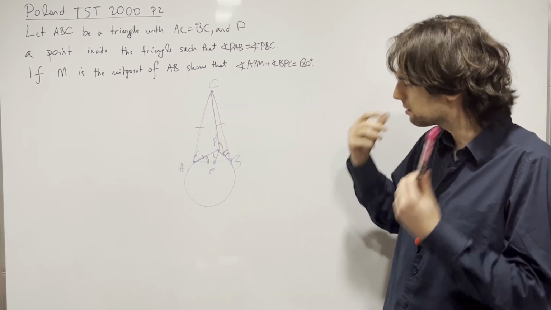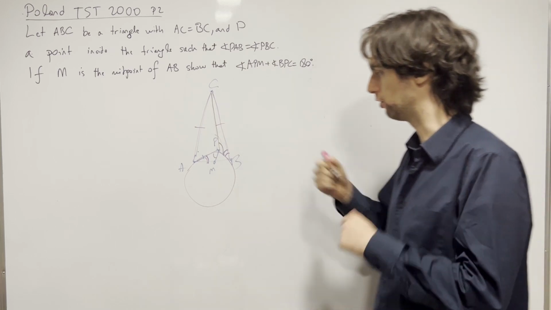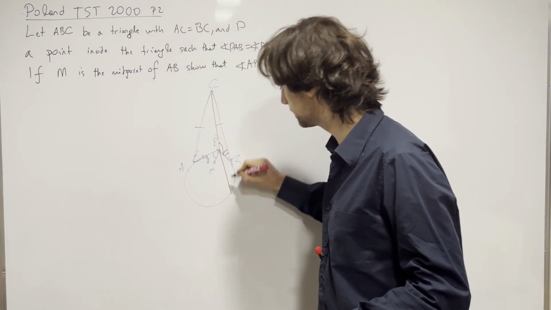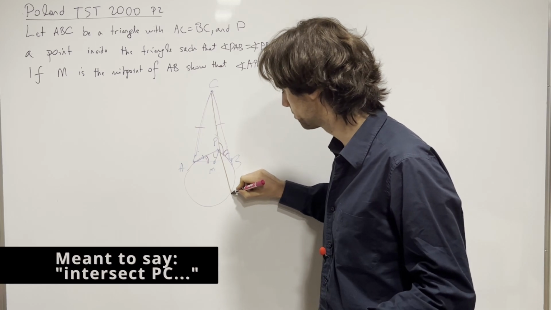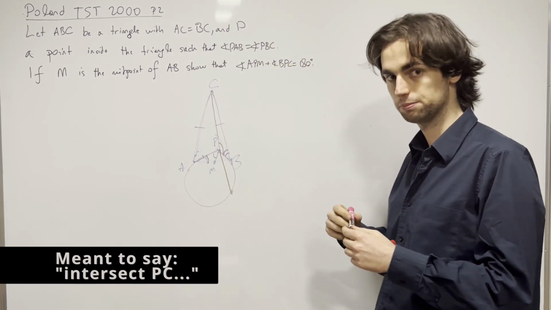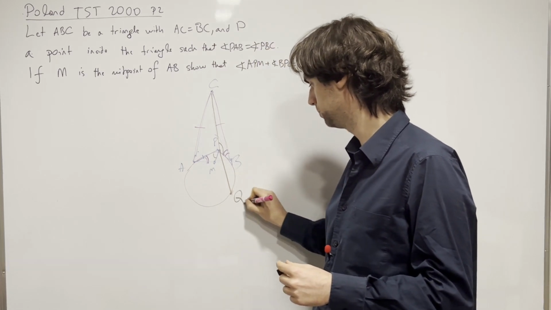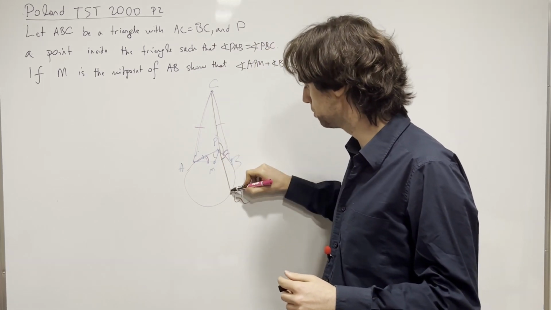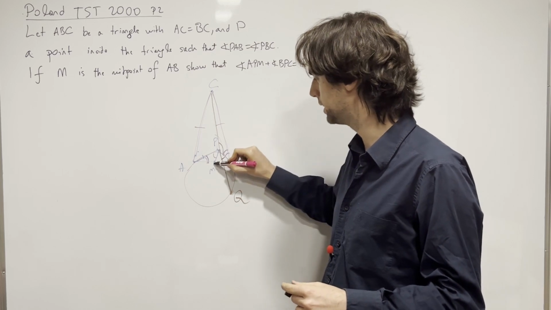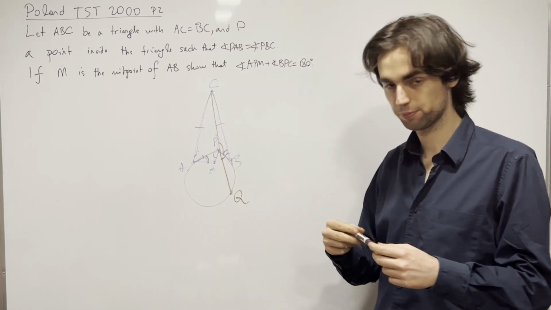The answer is there's a different way for us to look at the whole situation. If I intersect PB again with the circumcircle, and this intersection is called, say, Q, I need to prove that angle QBP is equal to angle MPA.